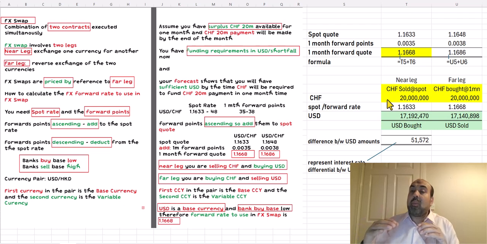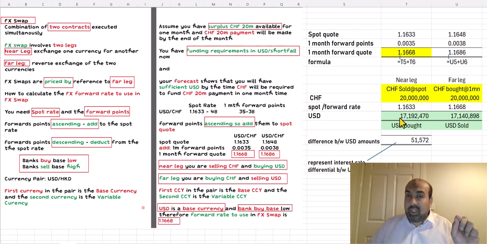Now, you can see that 1.1668 is made of the spot element and the forward points. In order to convert 20 million surplus CHF in the near leg, we are going to divide 20 million CHF by the spot element, which is 1.1633.